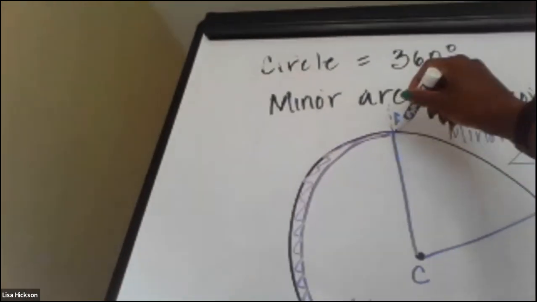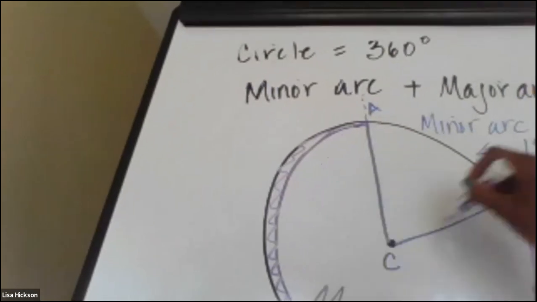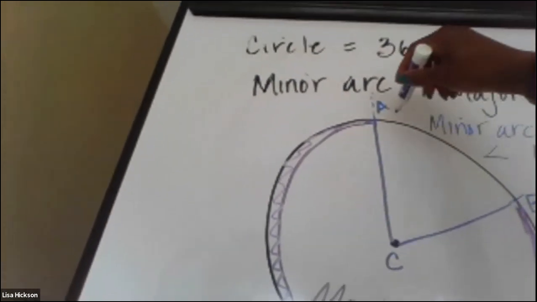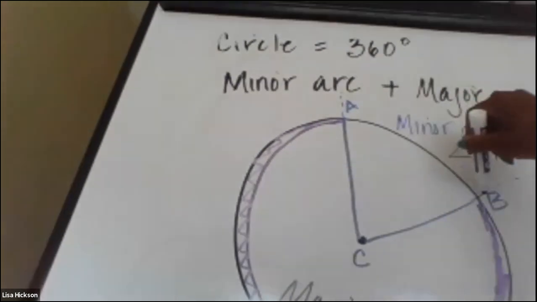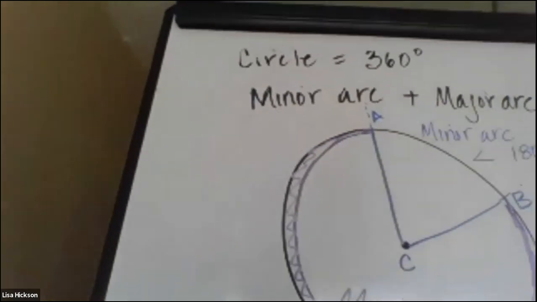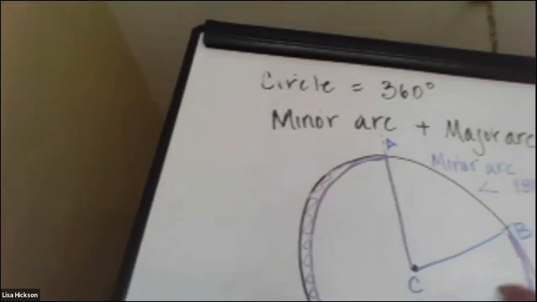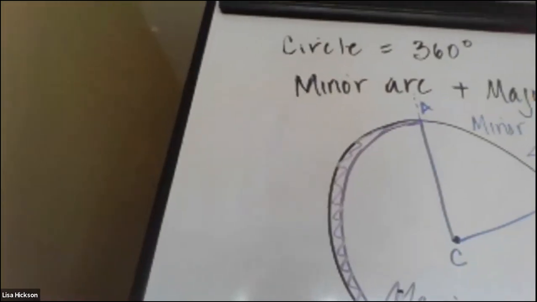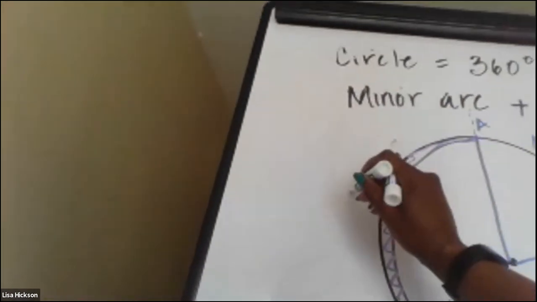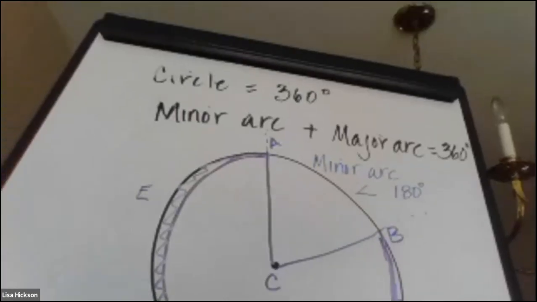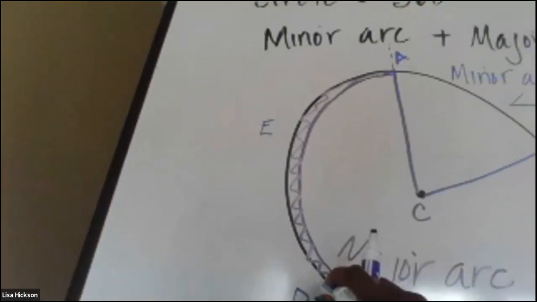So this angle, ACB, well, the minor arc is from A to B, and then the major arc, normally you have another letter out here. So we'll call this point D. We'll call this point E, even though it doesn't have any angles drawn to it, but there's still points on the circle.